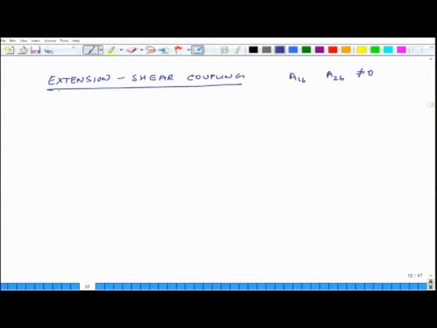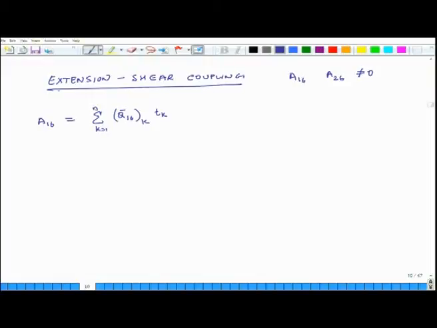Now, A16 is equal to the sum of Q16 bar for the kth layer times the thickness of the kth layer, with k equal to 1 to n.